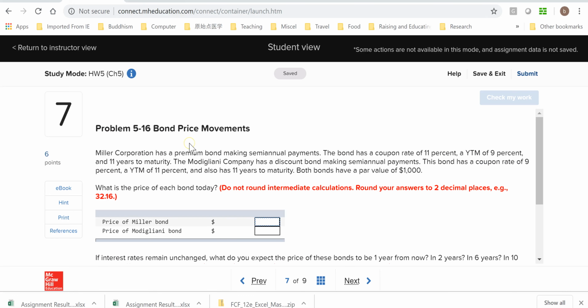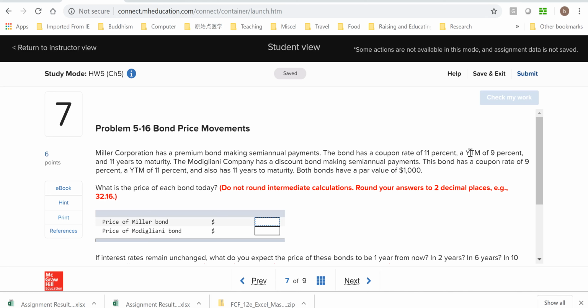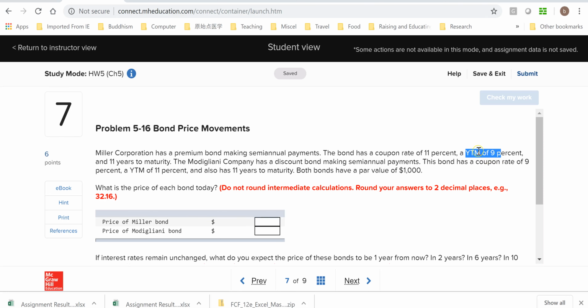And the second variable we need is the YTM. Any information by default provided is the annual number, but as we said, we should work with the semi-annual numbers, so we should also divide the YTM of 9% by 2.